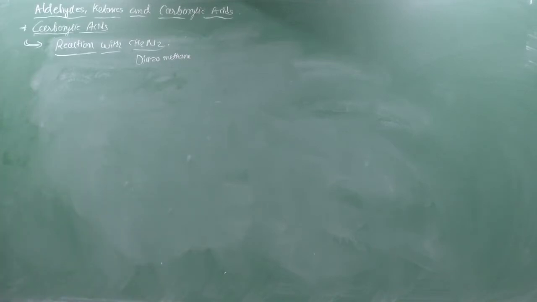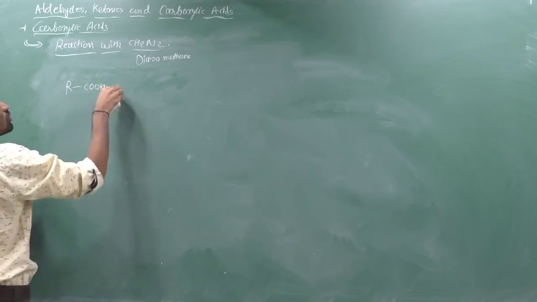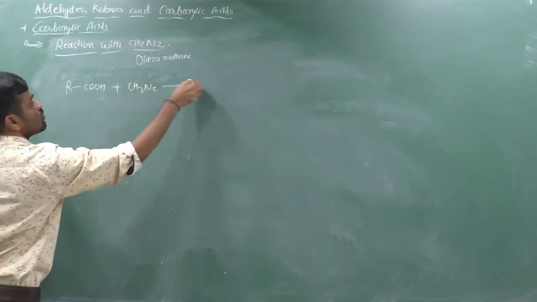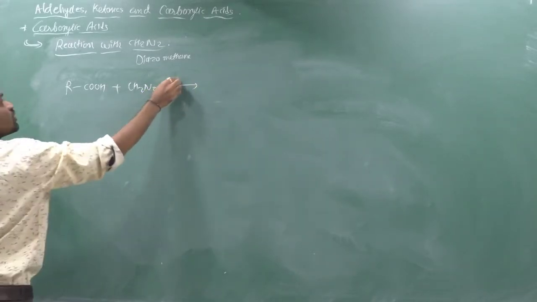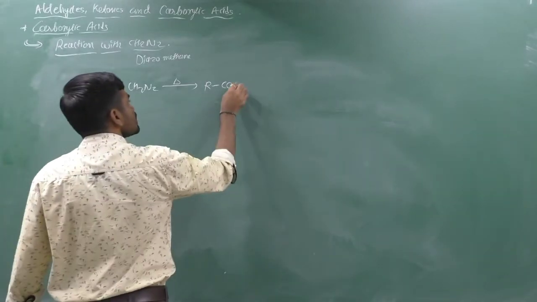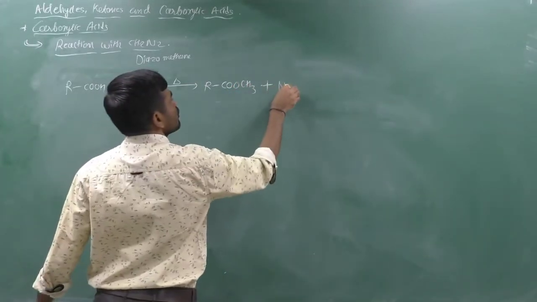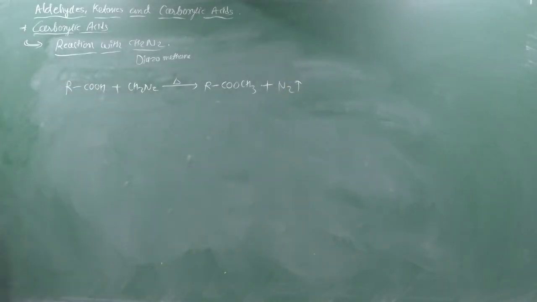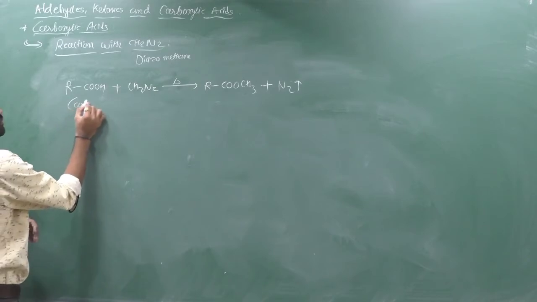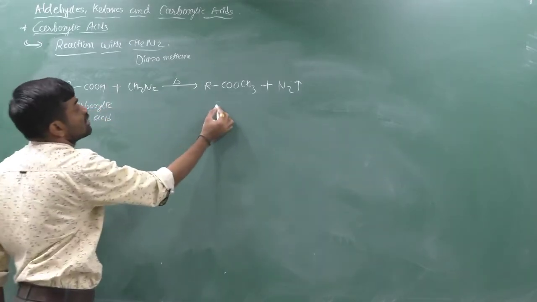Suppose we have carboxylic acid and we treat it with CH2N2. Heat it, we can have RCOOCH3 plus the liberated product is N2. Carboxylic acid is particularly converted into methyl ester.